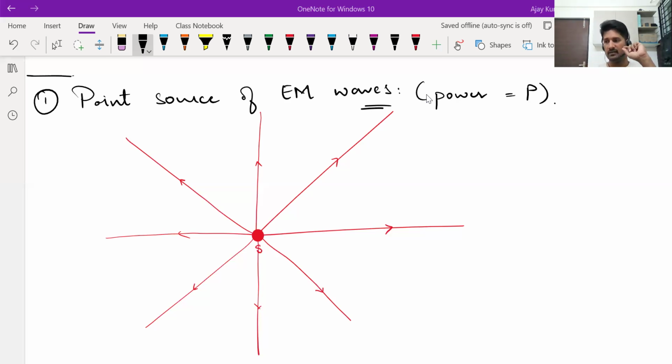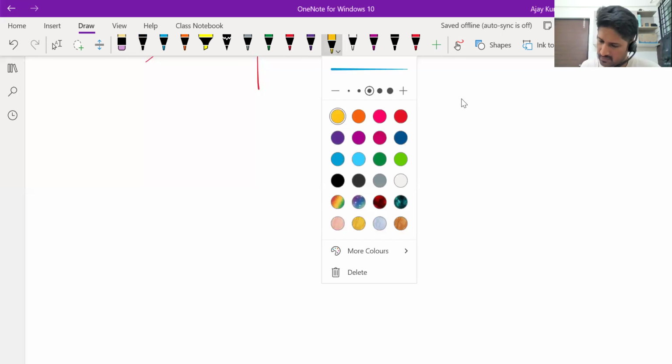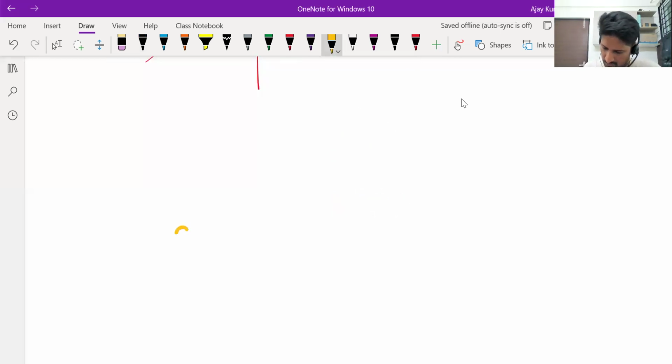Now see, whether you feel an object as bright or dim depends on how much light enters into your eye. Your eye has a fixed area. The lens of your eye has a fixed area of cross section. Light has to enter into that cross section. So what happens here? Assume this is a source of light, a round source.